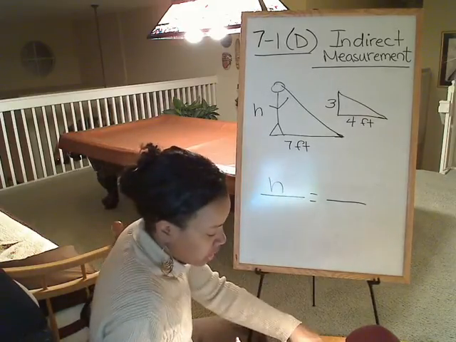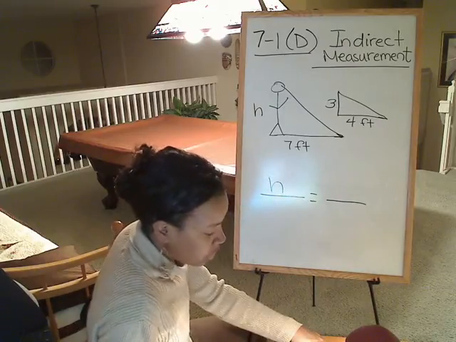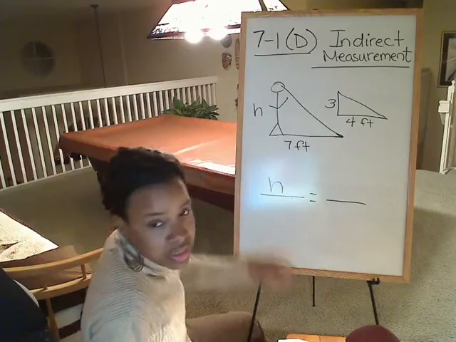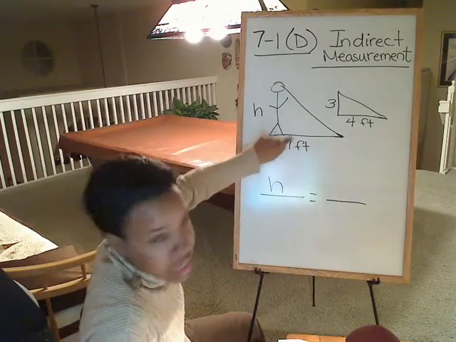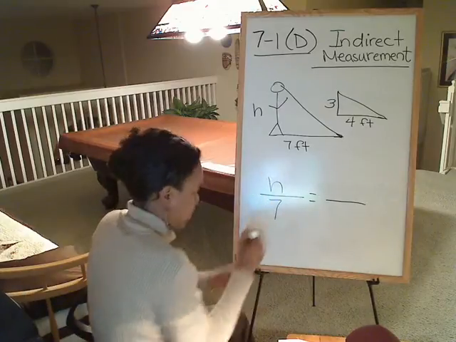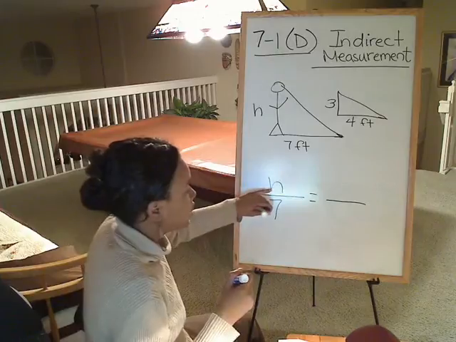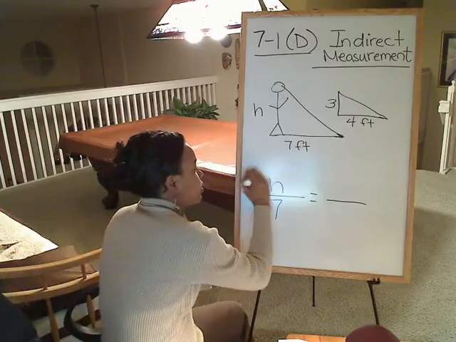And then on the bottom of the proportion on the left side, I'm going to write down the distance that they have in the triangle with Becky, which is 7. So this is important to see what I wrote down. The first thing I wrote down was Becky's height.